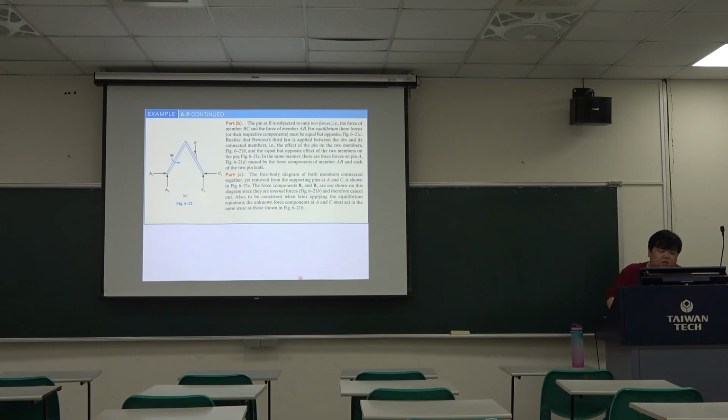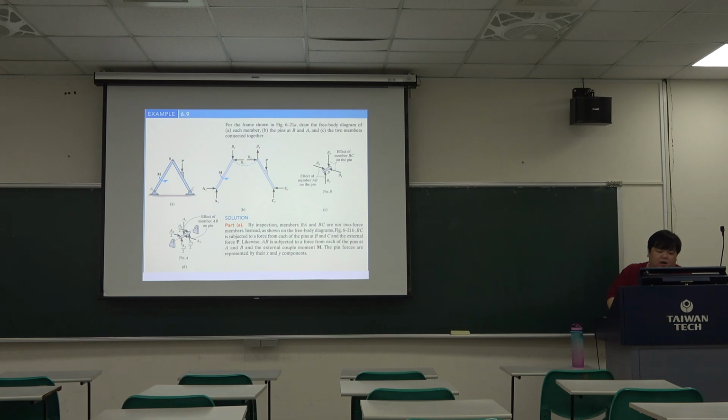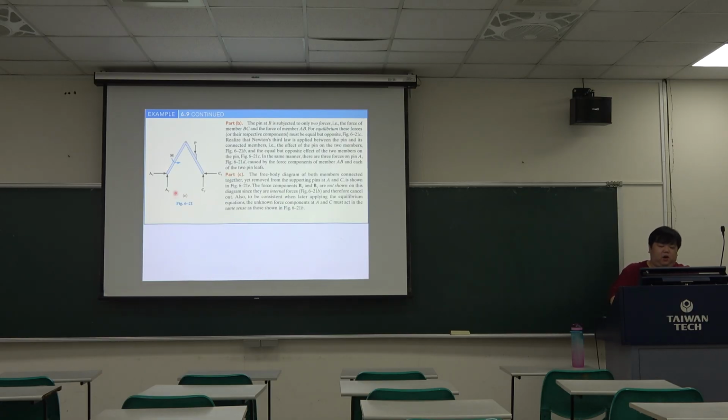And because B lets the two members connect together, this part is just internal force. If you draw the entire system, we don't care about the internal force because we only consider external force. So I think the entire frame is very easy.